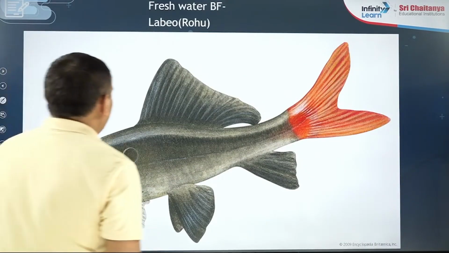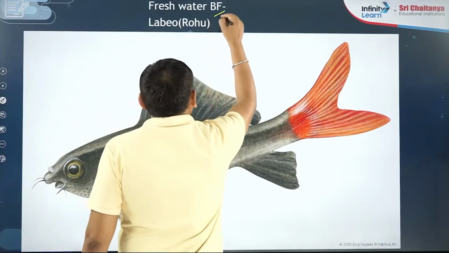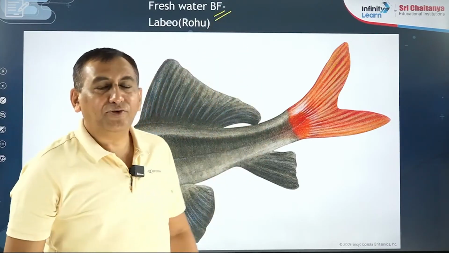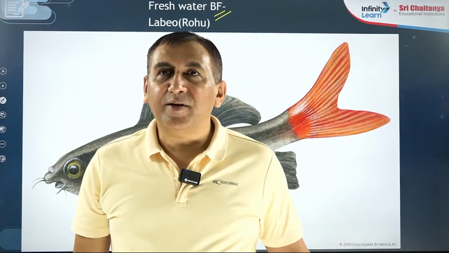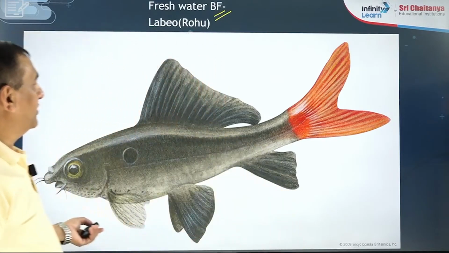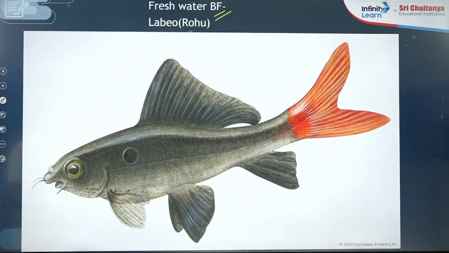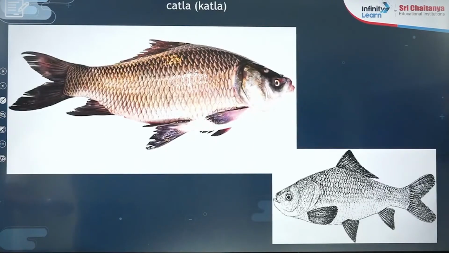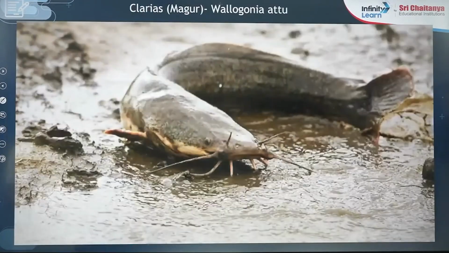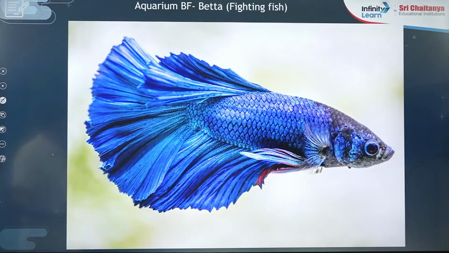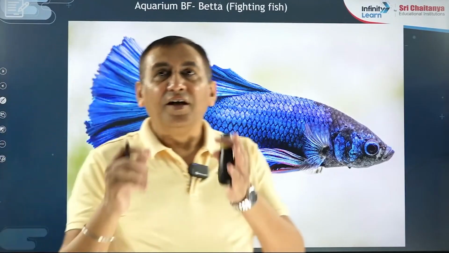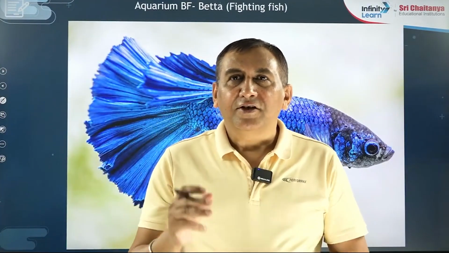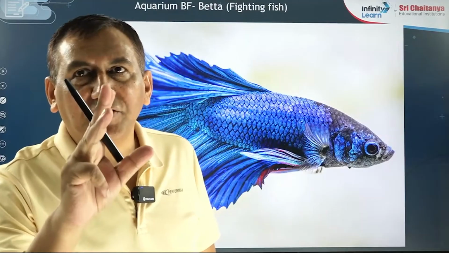Now we are coming to the freshwater bony fishes. If you are eating fish, I think you know them better. Labeo rohita, that is the rohu. Catla catla, that is the catla. Clarias magur is again one bony fish. Now see, bony fishes, as per NCERT, you have to remember three categories.